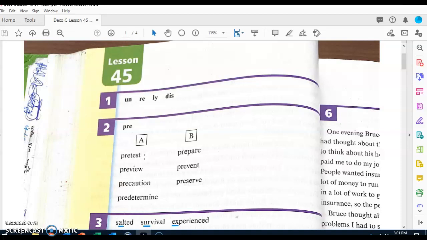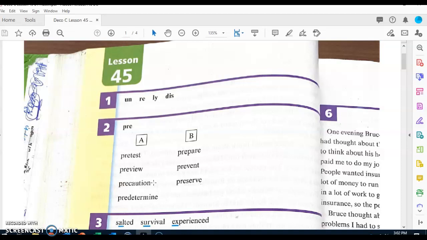Everybody touch the next word. What word? Preview. What does preview mean? Get ready. To view before. Everybody touch the next word. What word? Precaution. What does precaution mean?